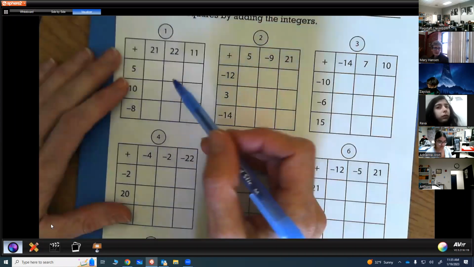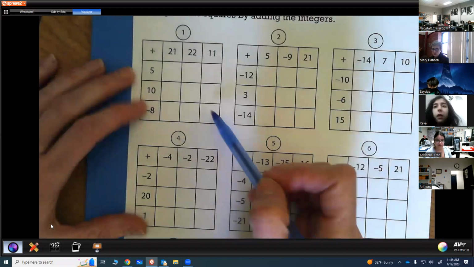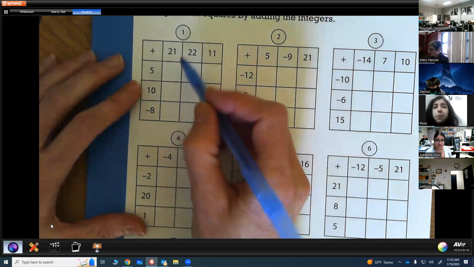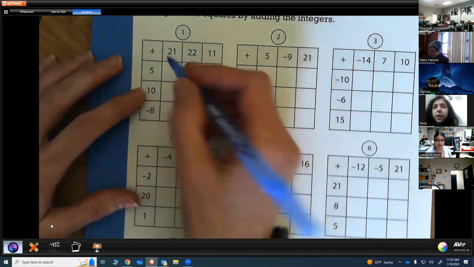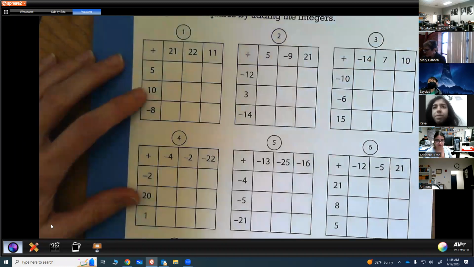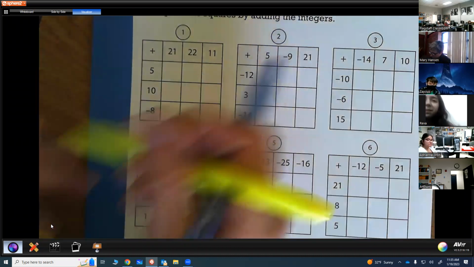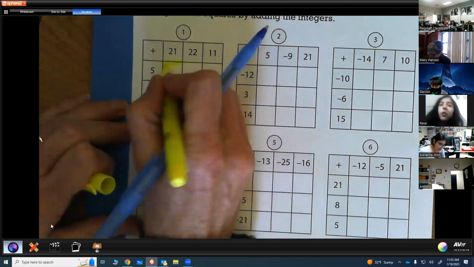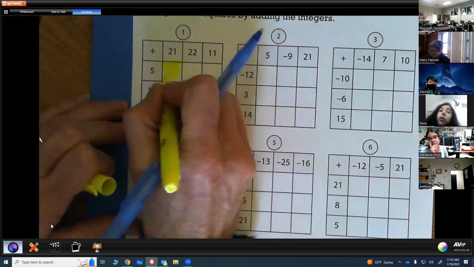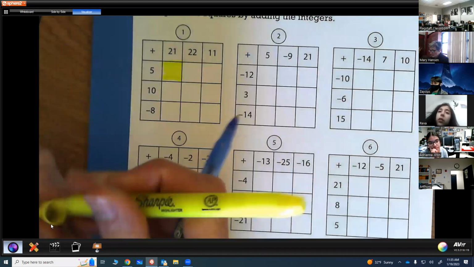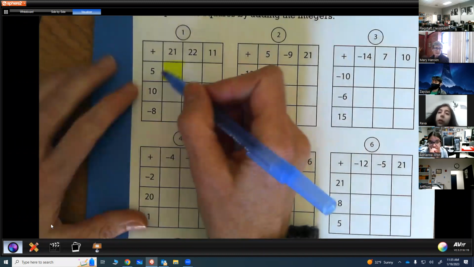What each of these addition squares is just asking you to do is to fill in a square. You just look at the numbers above and to the left of it. So if I want to fill in this square here, I look above and I see 21. I look to the left and I see 5.